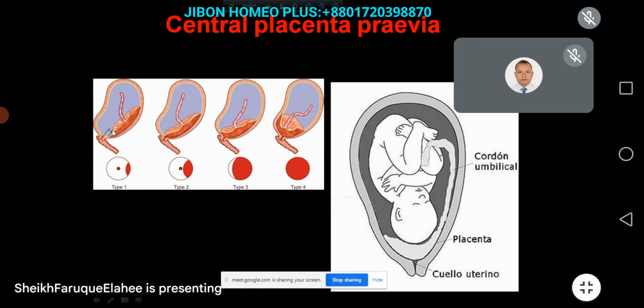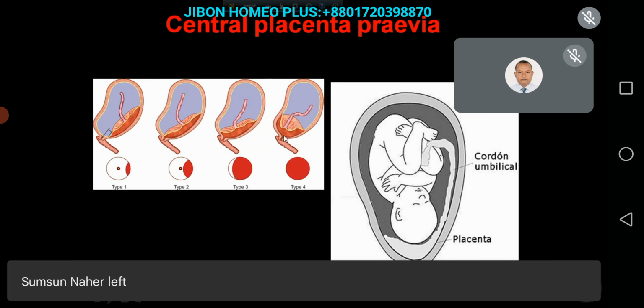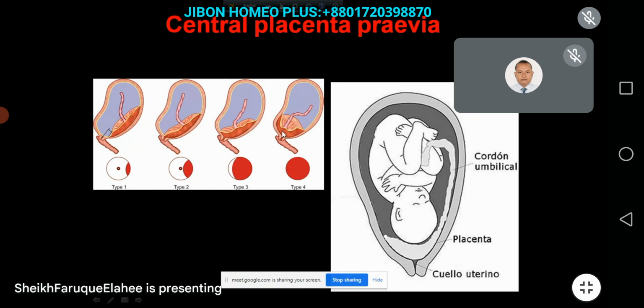This is called stage 1, this is stage 2, this is stage 3, this is stage 4. In stage 4, all the placenta grows over the cervix. And you see, this is blocking the cervix. Now the baby is here, and this is the placenta below the head of the baby. Now how will the baby be delivered? There is no way.